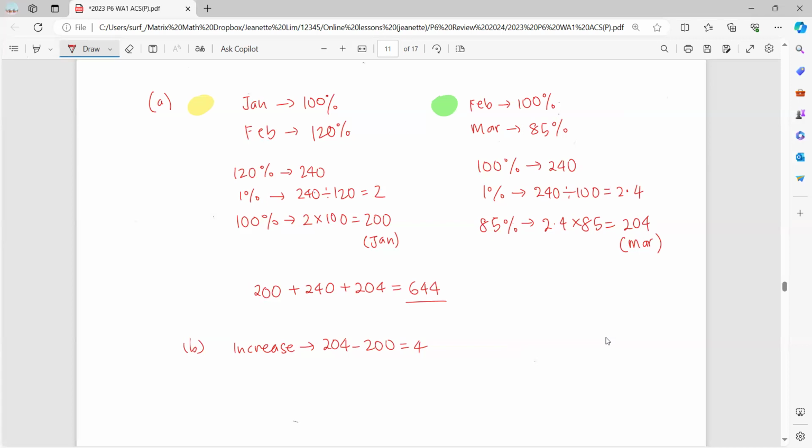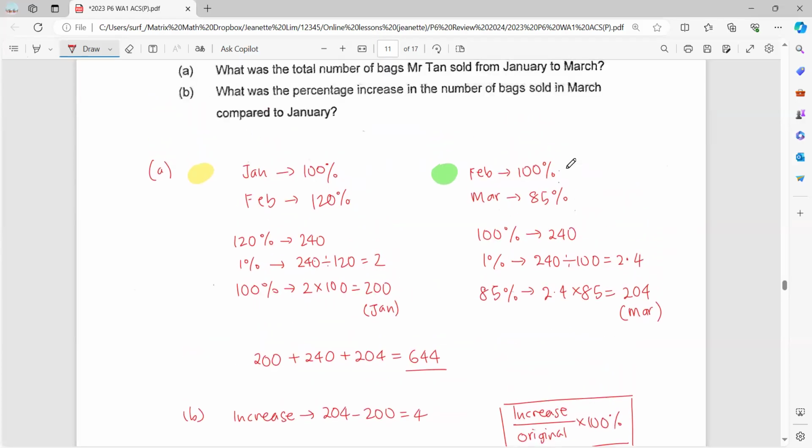Percentage increase, remember, is increase over original times 100%. Okay, need to remember this. We have the increase, what is the original? When we're comparing these two numbers, the original is 200.